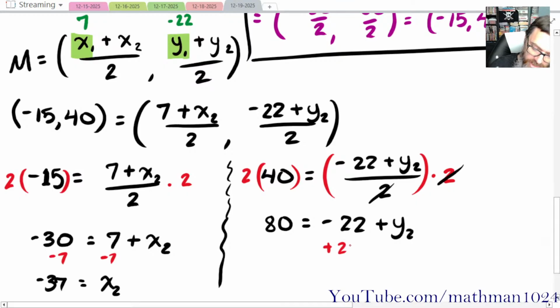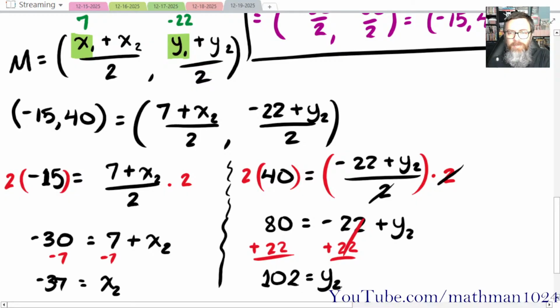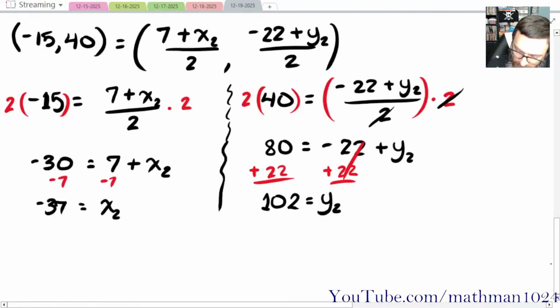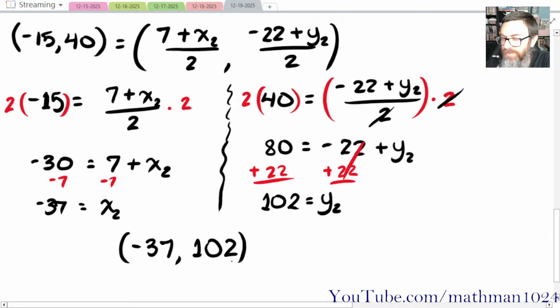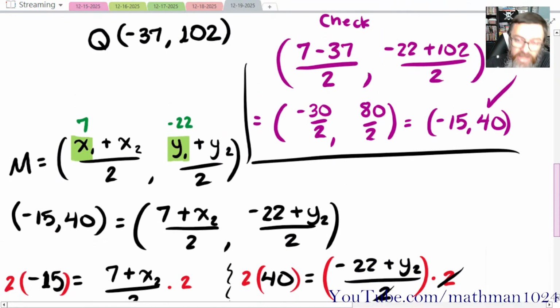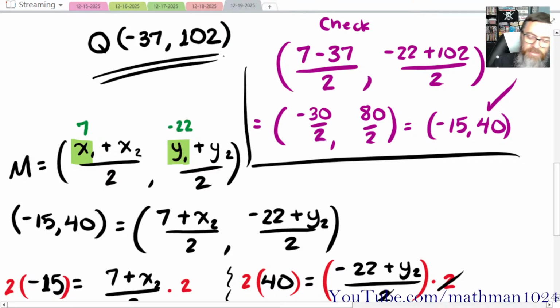Add 22 to both sides, and we have that 102 equals y2. And so that tells me that the ordered pair should be negative 37, 102. And if you scroll back up here, you'll see that's what we had the first time.